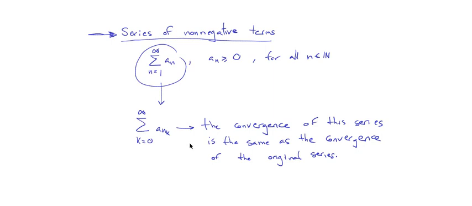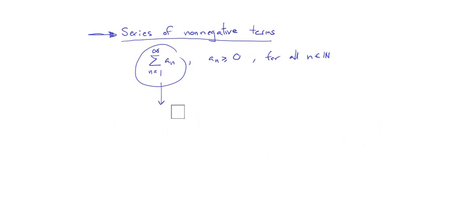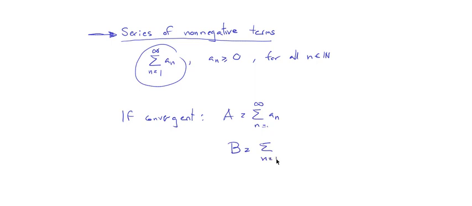Oh yes, and furthermore, if a series of non-negative terms is convergent, then we can call it A. And if we have a different convergent series, for instance like this, we can operate with them just like real numbers, because they are real numbers.